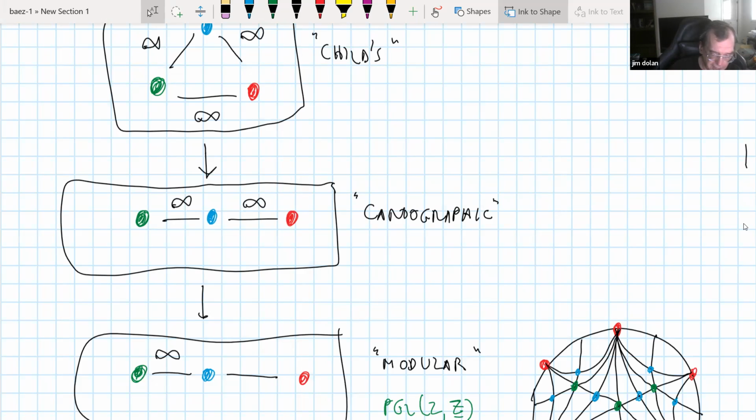So the cartographic stuff is about polygonal tilings, but where you reinterpret a polygonal tiling as a triangular tiling by barycentrically subdividing a polygon into triangles.